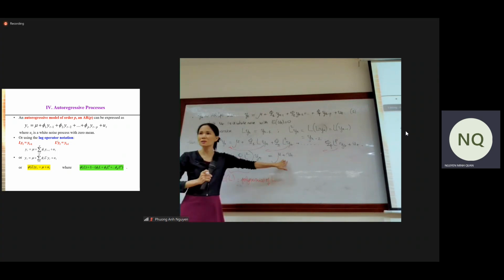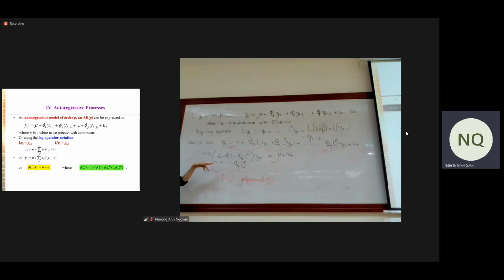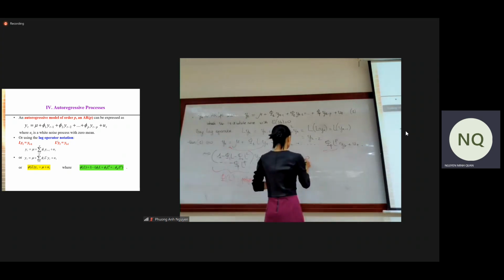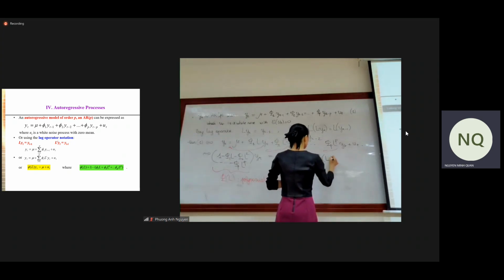what do you want to do next? Any idea? Intuitively. Now I get phi(L) Y_t equal to mu plus u_t.